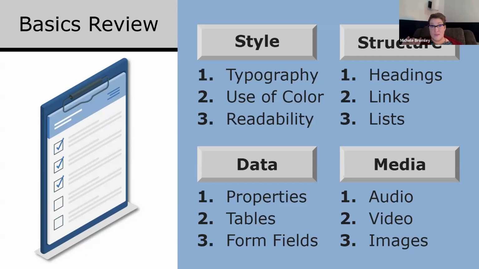These are the essentials, the nuts and bolts of your most basic accessible digital design checklist. I've broken it down into 4 categories: style, structure, data, and media. So this is all of it. This is your web content accessibility guidelines workshop in one slide.